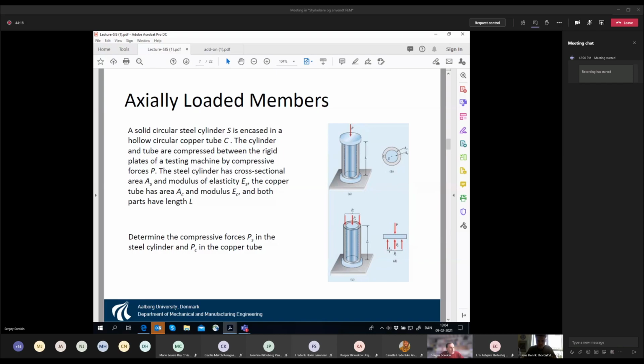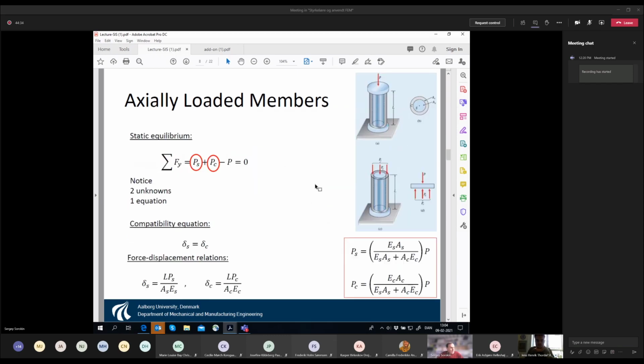So now the point is how this total external force P is distributed between the cylinder made of steel and the outer tube made of brass. It's exactly the same story, but a little bit simpler.